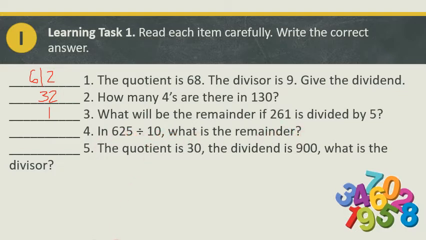The remainder in this one is 5. Mamaya, i-discuss natin paano naging 5 ang remainder. Okay, then, number 5, the quotient is 30. The dividend is 900. So, what is the divisor? I-divide lang natin yung 900 sa 30 and we will get 30.